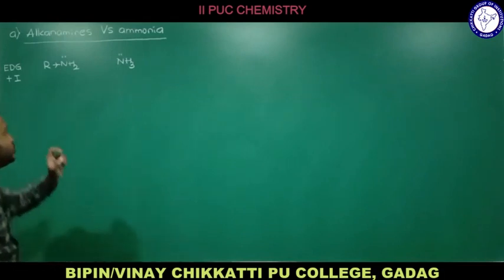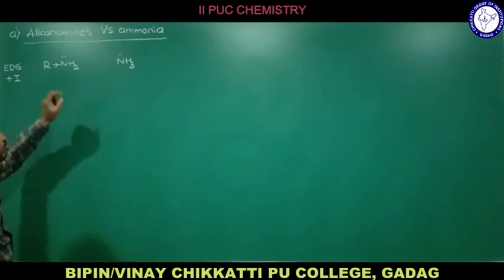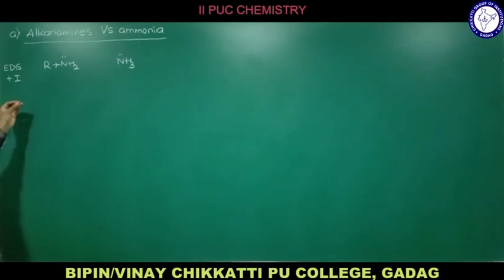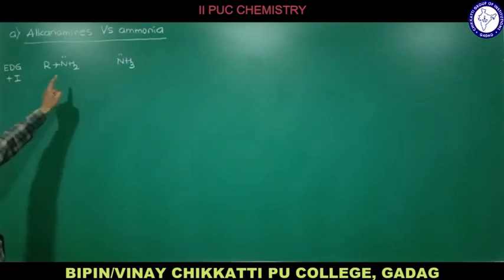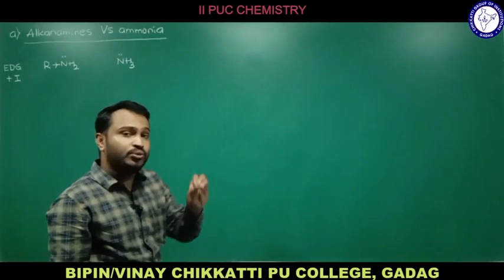So what happens actually, if you compare carbon, of course we have the alkyl group, carbon and nitrogen. Nitrogen is more electronegative in nature. Because of that, there will be a shift of electrons from the less electronegative to the more electronegative atom, and that is termed a plus I effect. So we call it positive inductive effect.